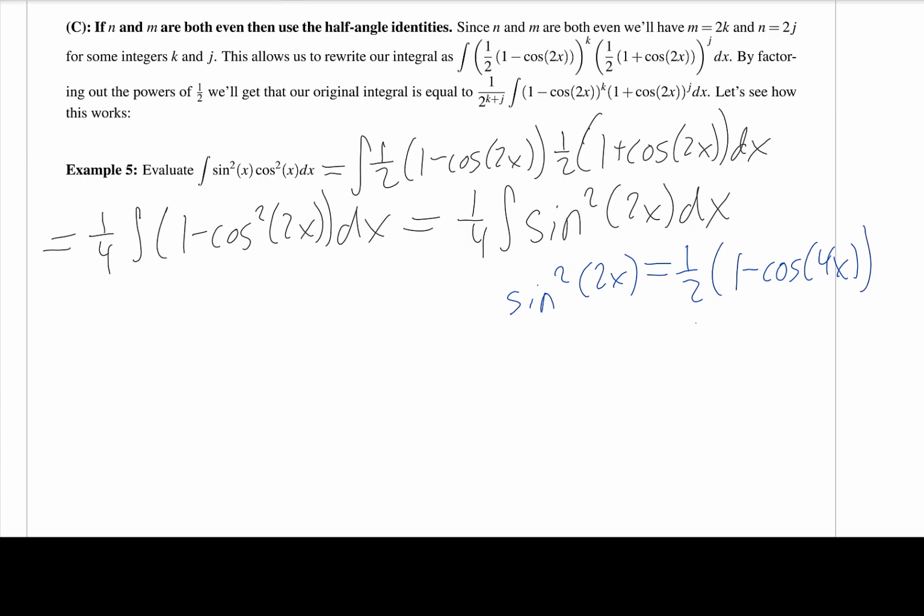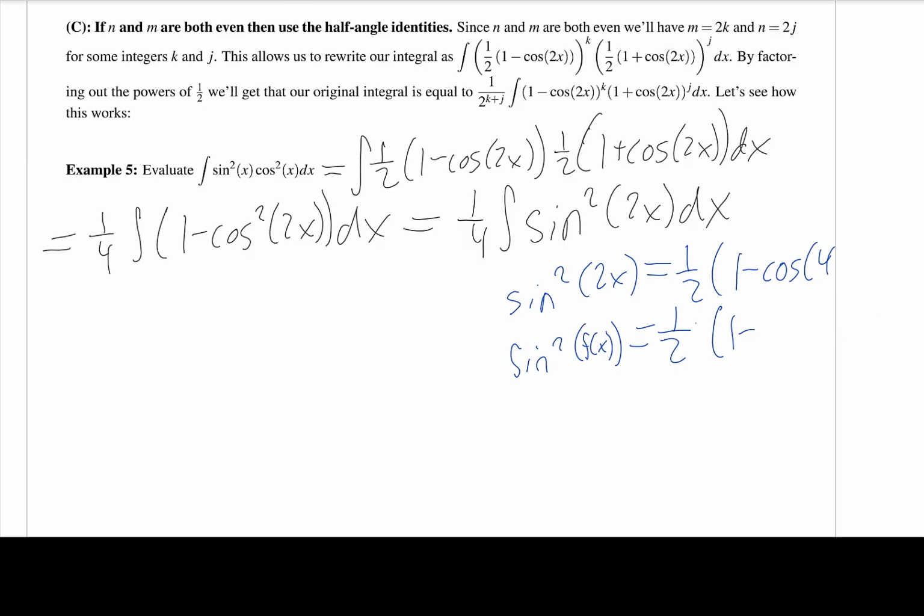Now, this is not exactly what the half angle identity says. Our half angle identity says sine squared of x is equal to 1/2 times 1 minus cosine 2x. That's exactly what our half angle identity says. However, I like to think of this as sine squared of f of x is equal to 1/2 times 1 minus cosine of 2 f of x. And so if we replace that f of x with 2x, that's why we get this 4x over here.